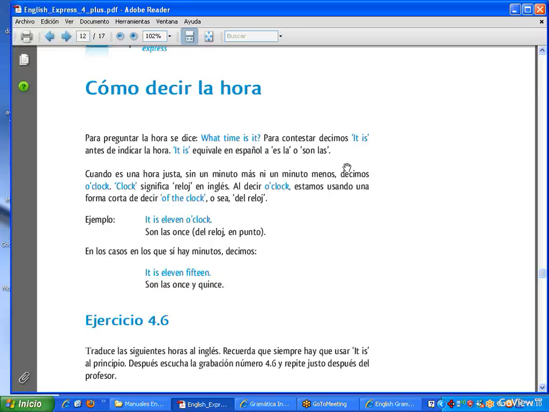Okay? So 1 o'clock, 2 o'clock, 3 o'clock, 4 o'clock, etc. But after this we don't say o'clock. Okay? After this we say, for example, cuando son las 11:15, we say it is 11:15.